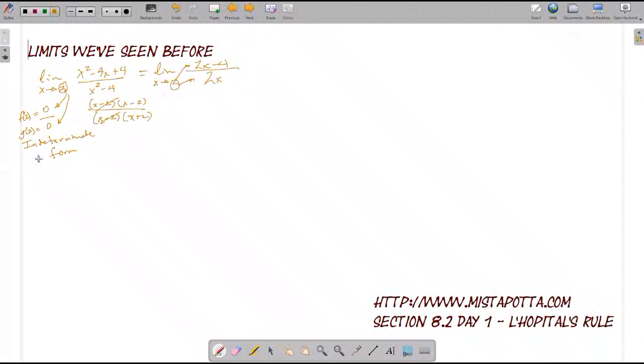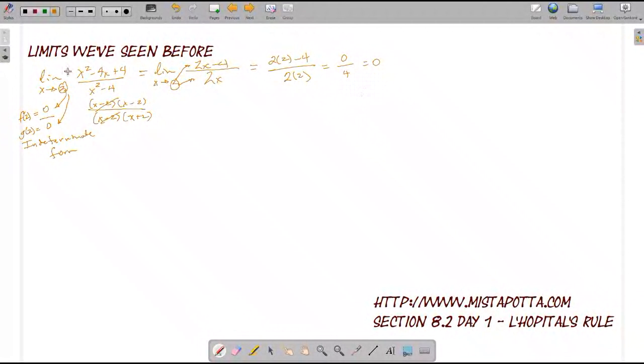It's rather straightforward to substitute 2 into both of these expressions, because 2 is in the domain of each of these expressions. And so I end up with 2 times 2 minus 4 over 2 times 2. And so I get 0 over 4, which is 0.